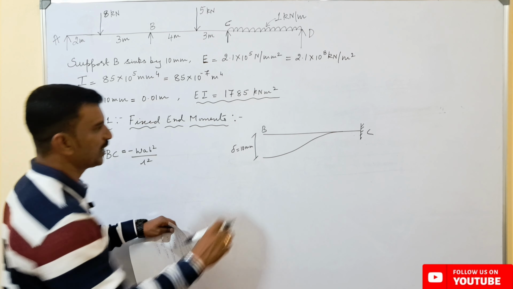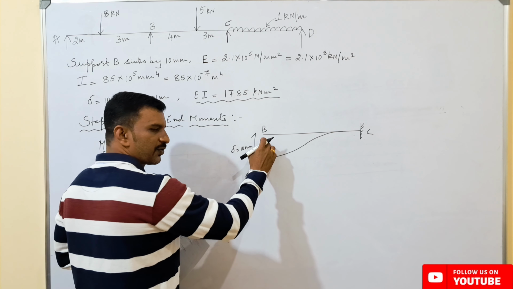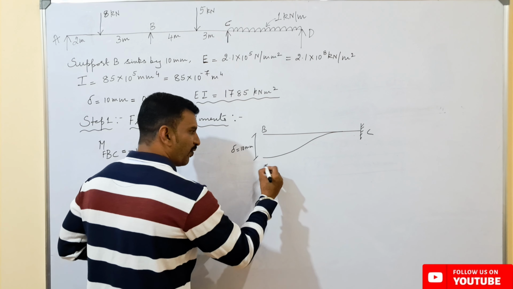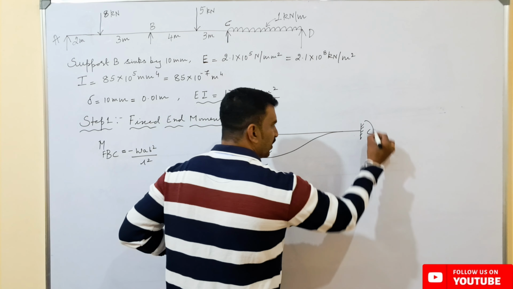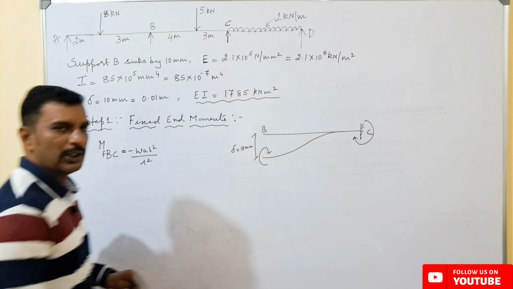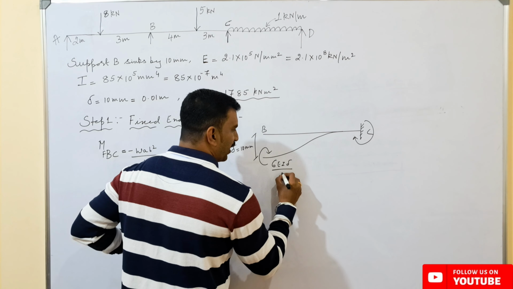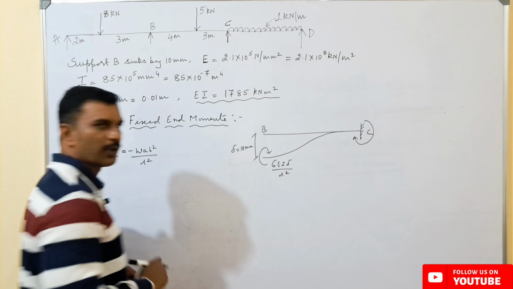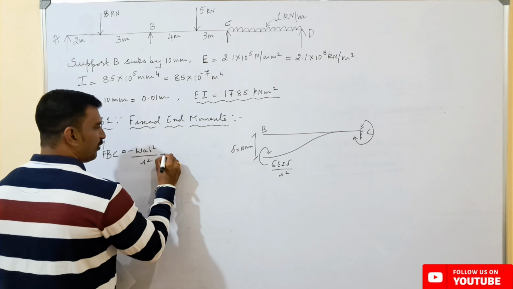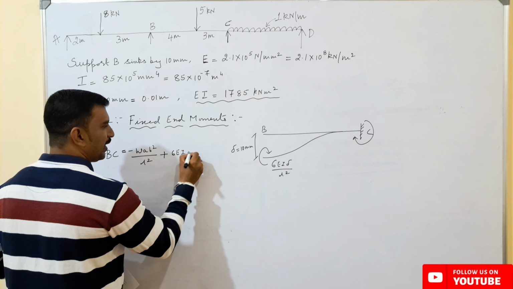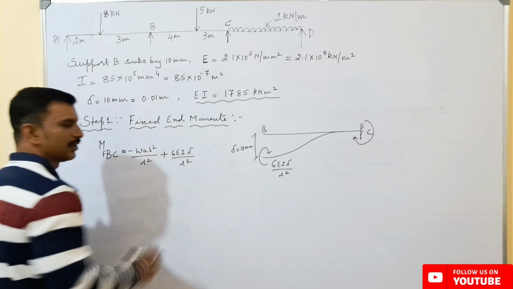Here, as we are taking the sinking of support into consideration, the value 6 EI delta upon L square should be considered as positive. So it will be plus 6 EI delta upon L square.